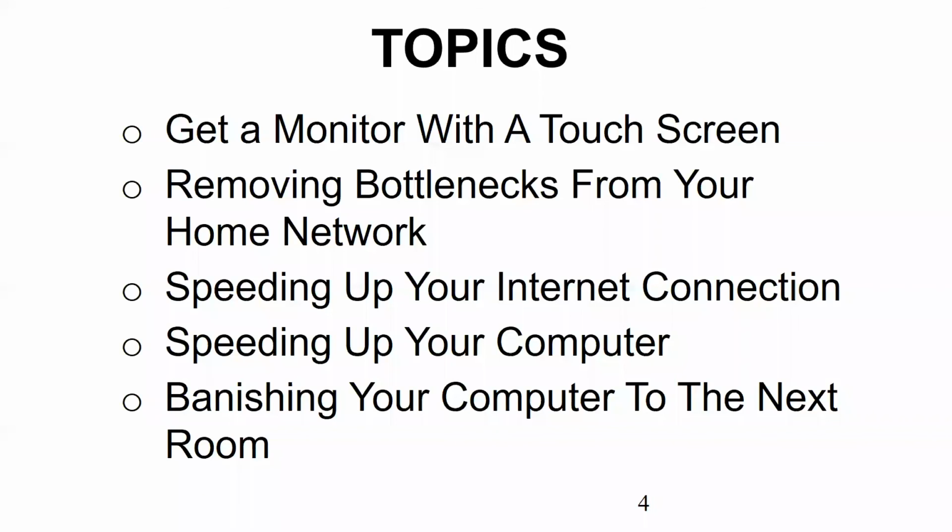Removing bottlenecks from your home network. You notice how Windows 10 freezes a lot now? It's because Microsoft decided they own your computer and they can update when they want, and they can do things in the background when they need to. Remove bottlenecks from your home network to give them as much of a chance to do their thing as possible. I have a whole presentation on that. One big bottleneck is the Hewlett-Packard 10/100 network adapters, rather than gigabit speed.